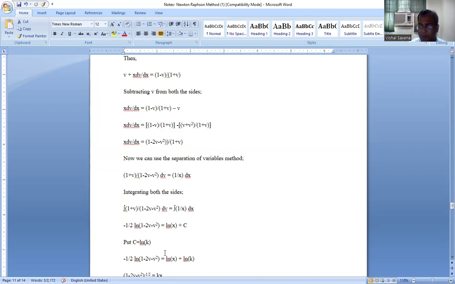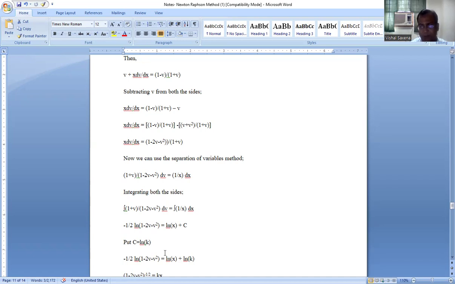If you take the denominator as z, then we get minus 2 into (1 plus v) into dv is equal to dz. So minus 2 will come in the denominator of the right hand side. Therefore, (1 plus v) dv becomes dz upon minus 2z, and in this way we can integrate this.